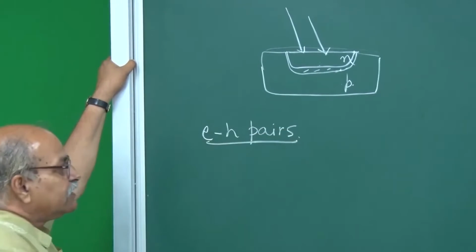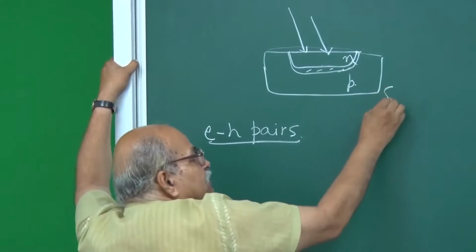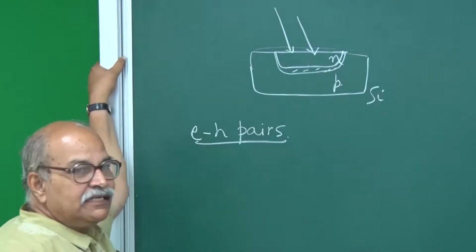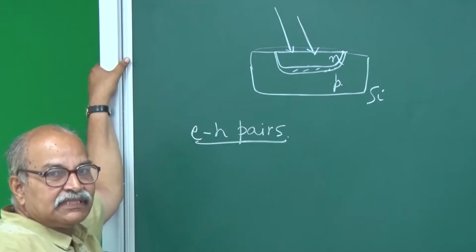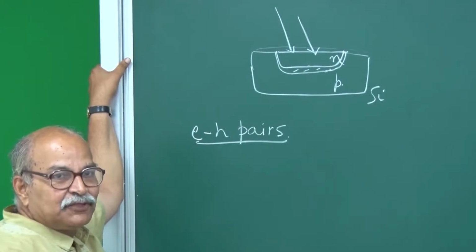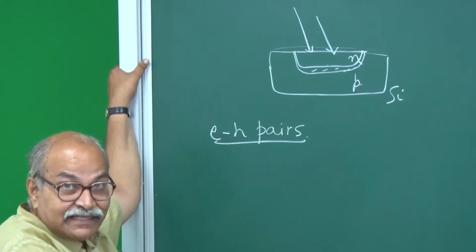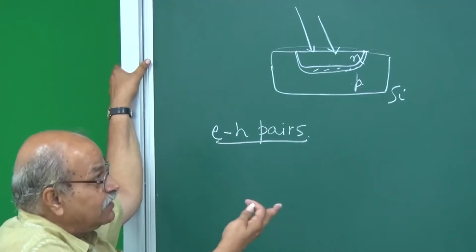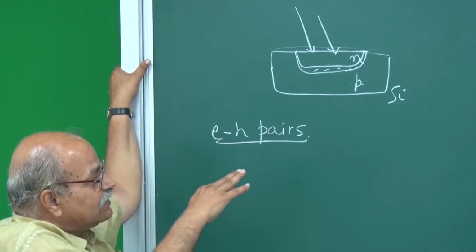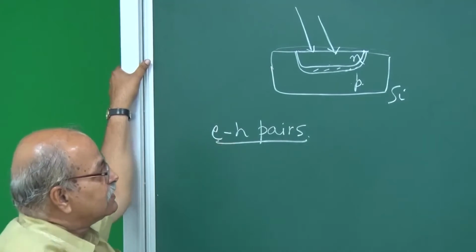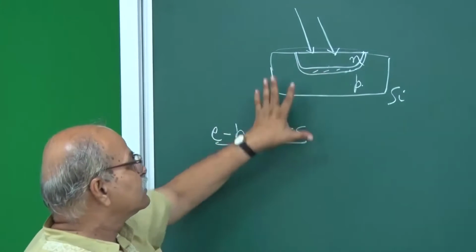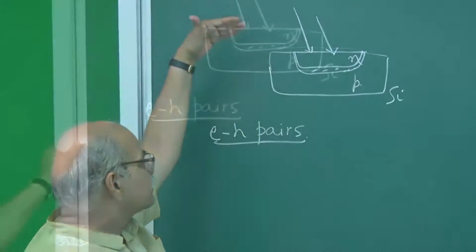Now there is a catch here. This is silicon I am talking about, and silicon is an indirect band gap material, and therefore this radiative type of absorption is less likely, but still whatever is the probability of that is being used to make these silicon solar cells.